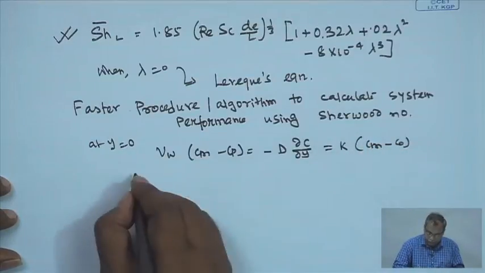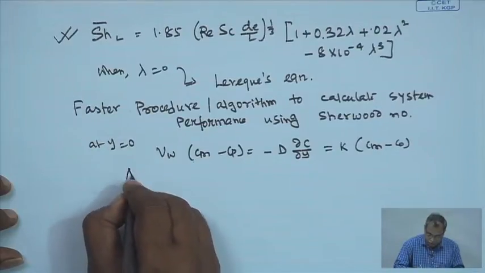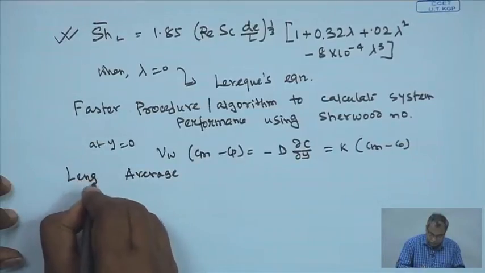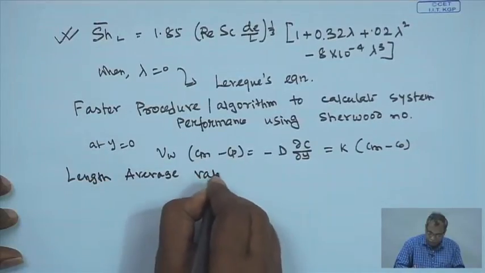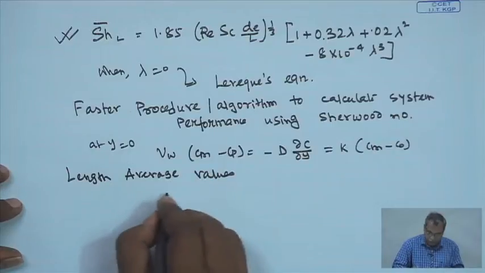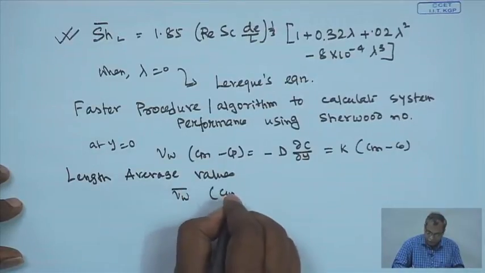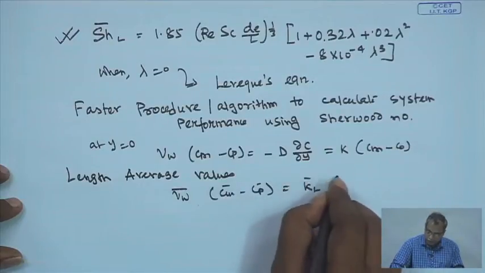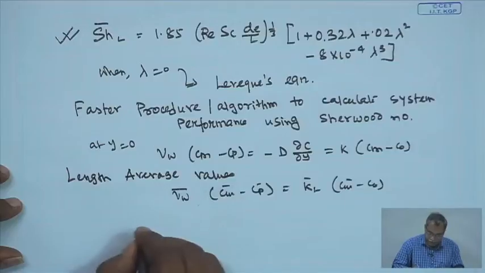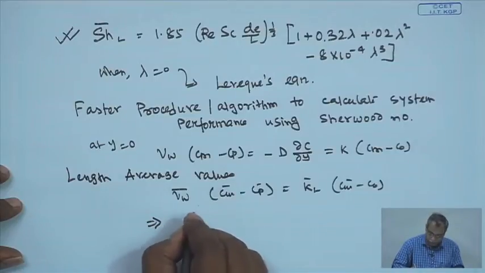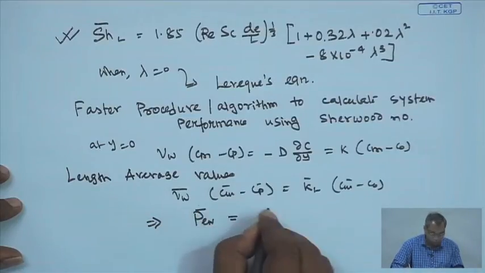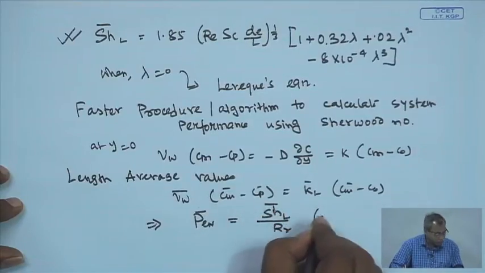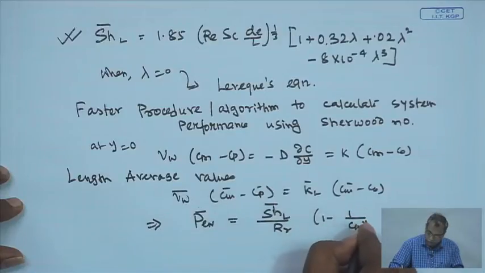So, if we consider all the average values, length average values, we will be having that Vw bar (Cm bar minus Cp bar) is equal to KL bar (Cm bar minus C0), and in terms of non-dimensional parameters you will be getting Pw bar is equal to Sh_L bar times RR times (1 minus 1 over Cm star).